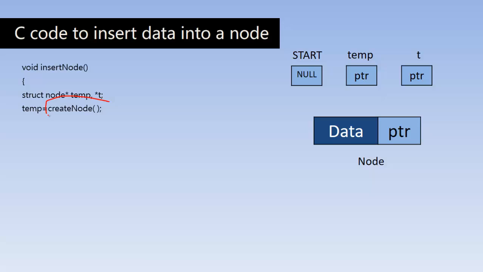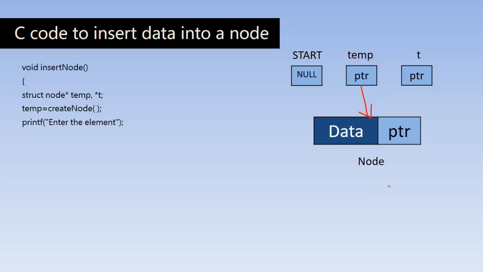So here is the function call for creating a new node. Earlier we have already discussed this createNode function, and I also said this returns the address of the newly created node, which is ultimately stored in temp. Now this temp pointer is currently pointing to the newly created node, because createNode returned the address of the newly created node, right? So this is the status of our new linked list.